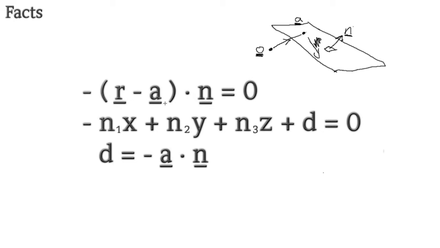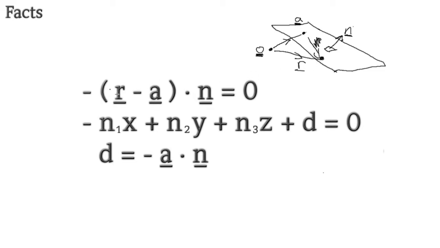So r take a is just a point r this way. r is a position vector, a is a position vector, so we've got two position vectors, and if we take the difference, we essentially find the vector connecting those two points.